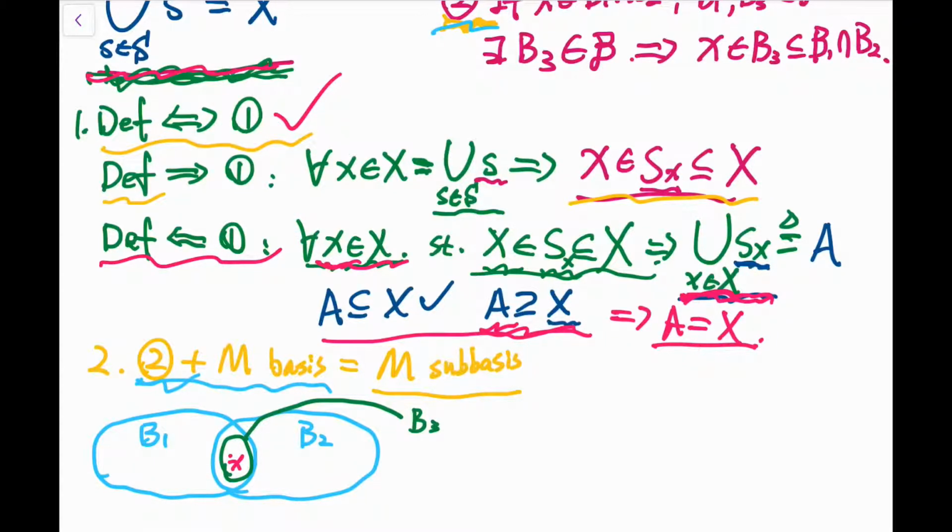What should we do is find this B3 that satisfies the relationship that x is inside the B3, and it should be inside the B1 and B2, the intersection of those two.